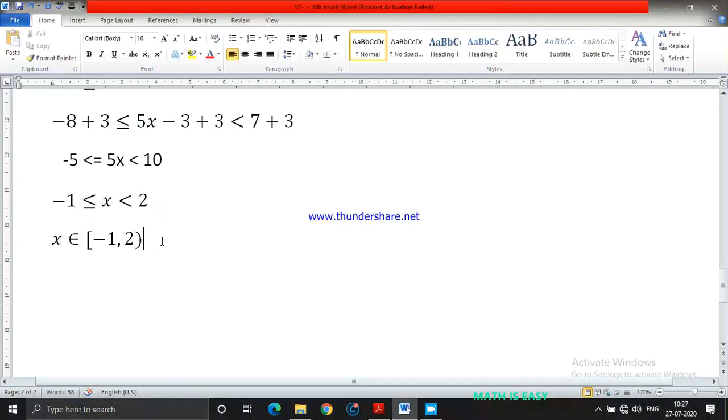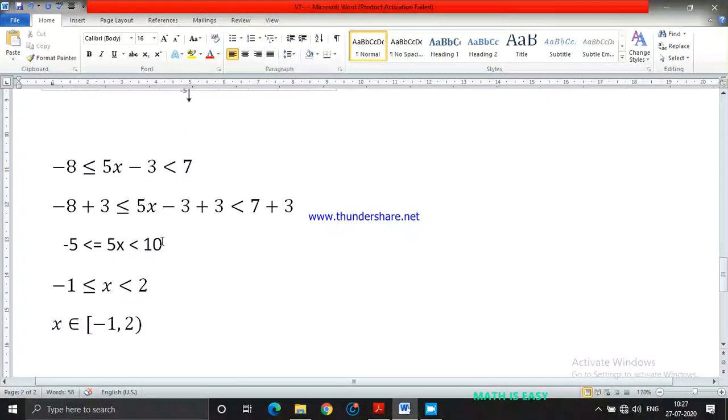If you take any value of x between -1 and 2, including -1 and excluding 2, the inequality will be satisfied. If you want, you can check any value to see whether it is satisfied or not.